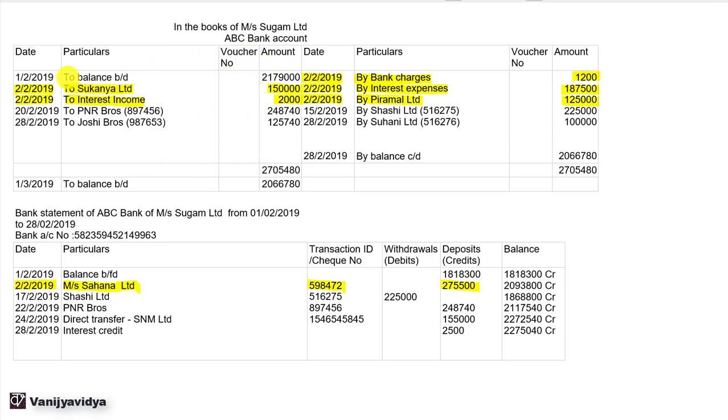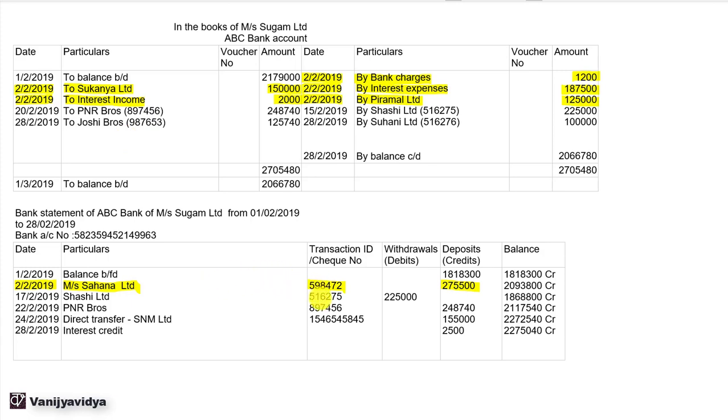So we have a balance brought down 2179, then 1,50,000 and 2,000 were in the bank reconciliation statement as on 1st Feb 2019. Then next, 20th Feb 2019 to PNR Brothers, 897,456, 2,48,740. So this is a check which is deposited, 897,456. Now let's see if it is appearing in our bank statement.